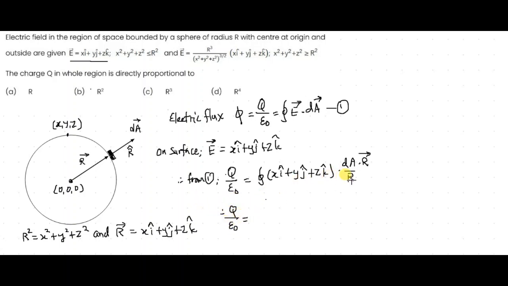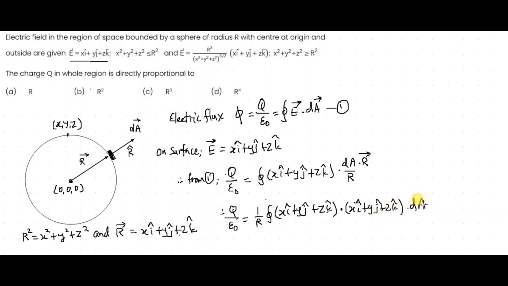See, this r is a radius, and that's why it is a constant quantity, so I am taking it outside the integral. Here it is xi plus yj plus zk, and this r vector you can also write as xi plus yj plus zk. So in place of r vector I can again write xi plus yj plus zk, and then I can write dA.